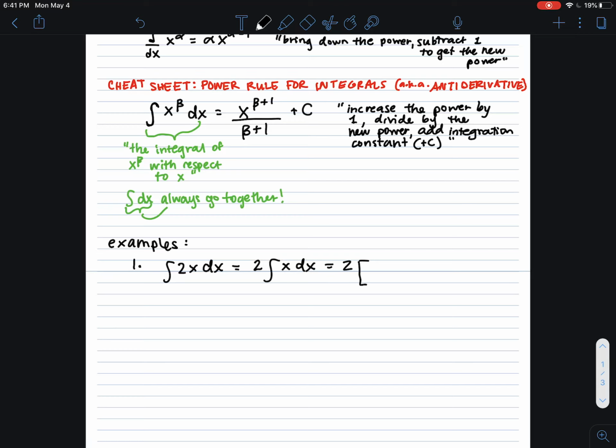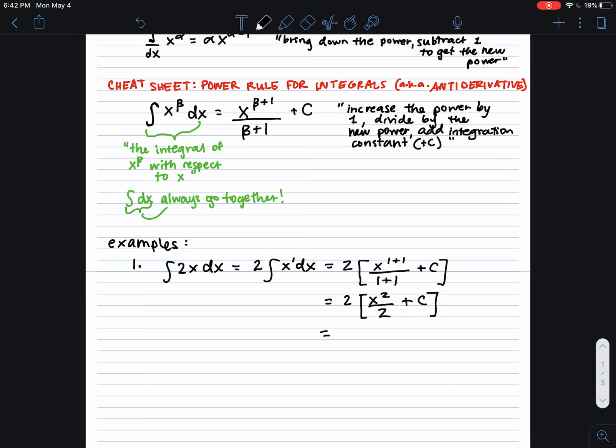And then this power is currently 1 on the x. So we add 1 to that power and then divide by the new power and add a c. And that gives us 2 times x squared over 2 plus c.